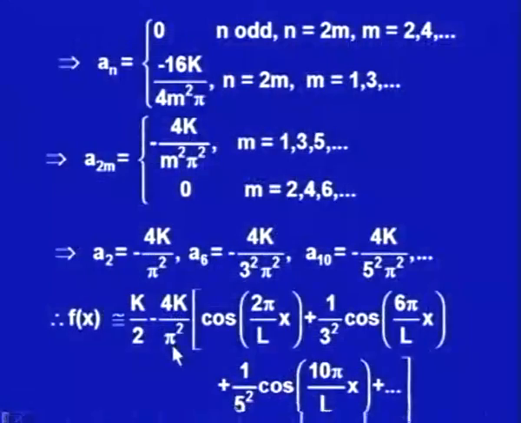In that case, what I will get this Fourier series as k by 2 minus 4k upon pi square cos 2 pi by 2x plus 1 by 3 square cos 6 pi by 2x and so on, or we will get k by 2 minus 4k upon pi square cos pi x plus 1 by 3 square cos 3 pi x plus 1 by 5 square cos 5 pi x and so on. Moreover, we can keep k as 1, so I will get here 1 by 2 and here 4 upon pi square.